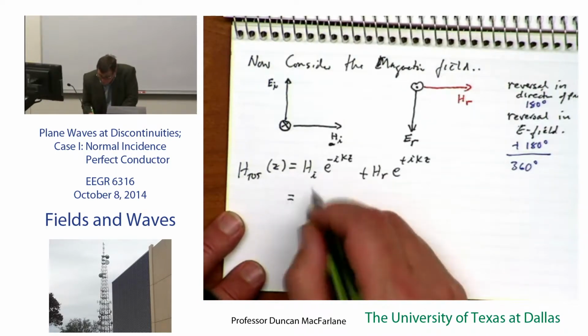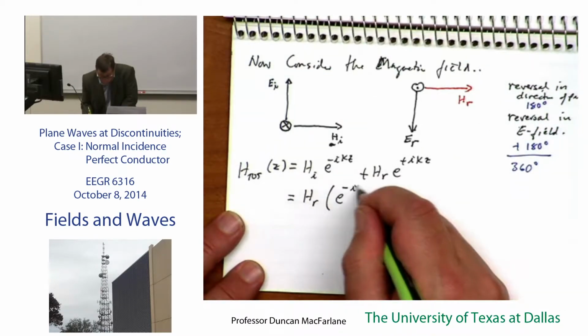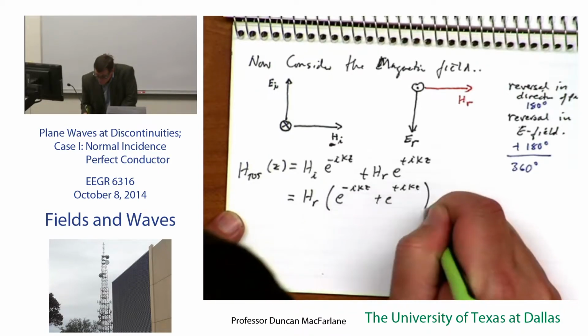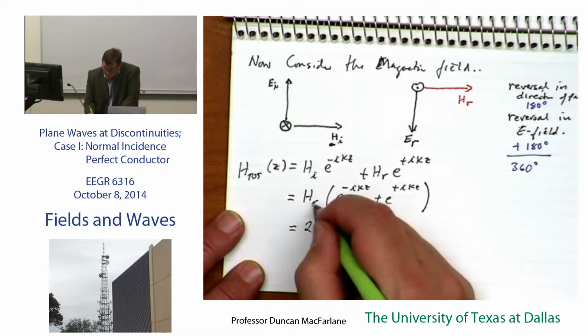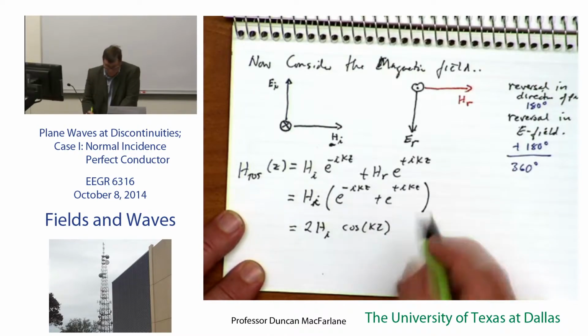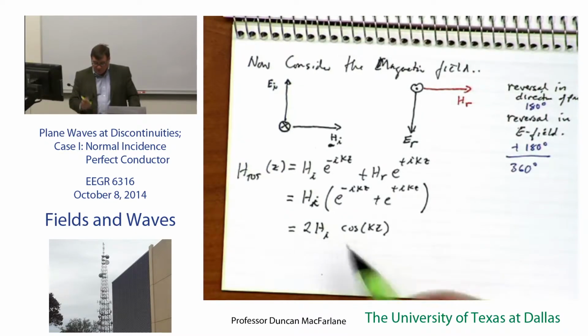And I know H incident is equal to H reflected. So H total is equal to twice H incident times the cosine of kz, from Euler's relationship.